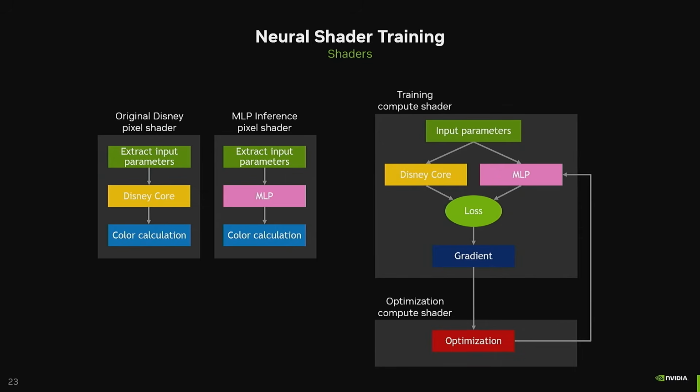And here is a chart for all shaders that we use in training and in inference. On the left, we have the original Disney shader, separated into 3 parts. First is extracting input parameters, where we just produce dot products from view and light vectors and some material parameters.